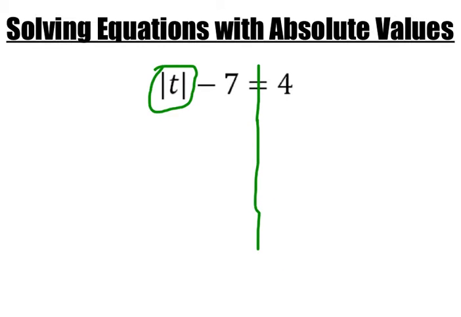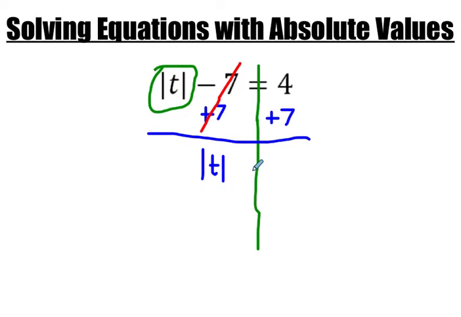So to get rid of negative 7, the opposite of minus 7 is plus 7. So I am going to add 7 on both sides. When I do that, these 7s are going to cancel each other out. So I am able to say that the absolute value of t is equal to 4 plus 7 is 11.